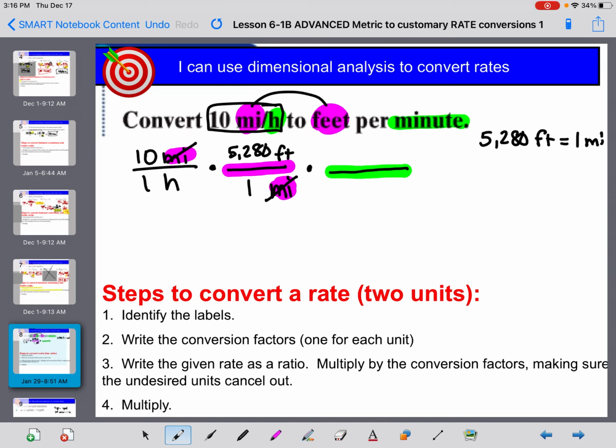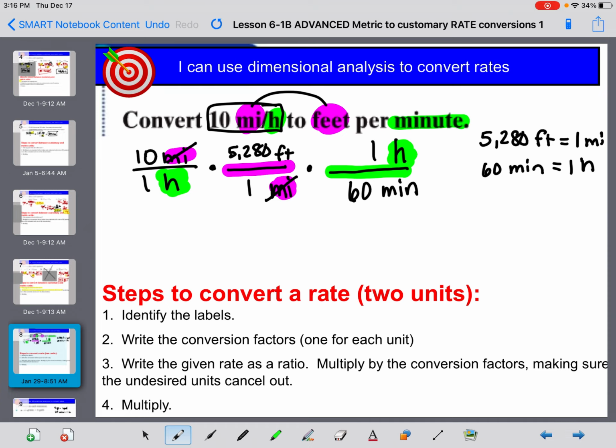Moving on to hours and minutes. There are 60 minutes in 1 hour. I'm going to strategically place this so that my hours label in the original rate will cancel off. Well, that hours is in the denominator. So this time I need to make sure hours is in the numerator. 1 hour is 60 minutes.